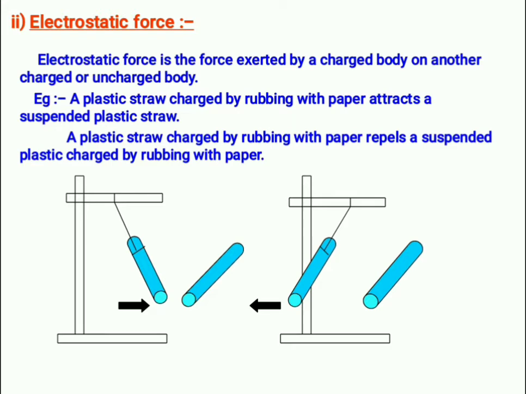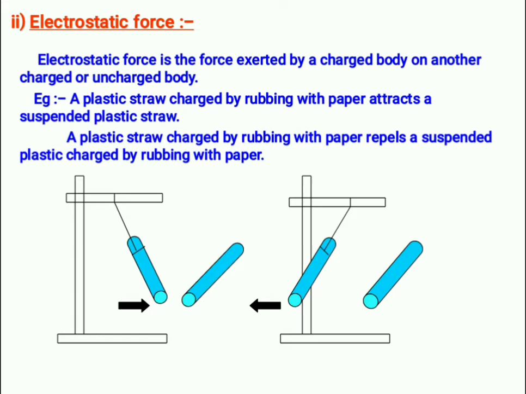Then we sprinkle pieces of paper on the bench, and we take this rubbed comb or scale near the paper bits. We see that the paper bits get attracted towards the scale or comb. I hope we have done this funny experiment. Understood? It is like a game. That is called electrostatic force.